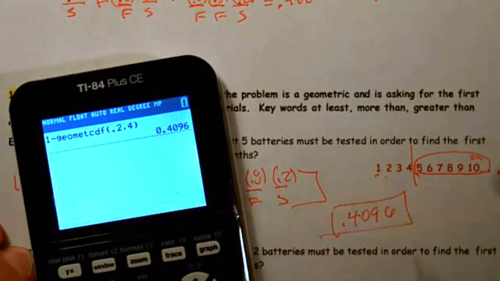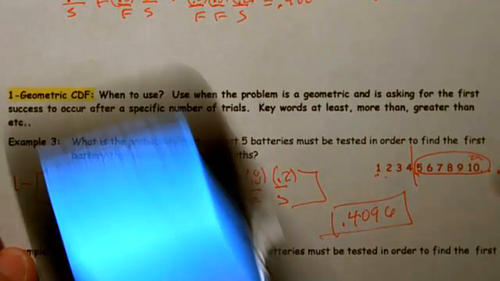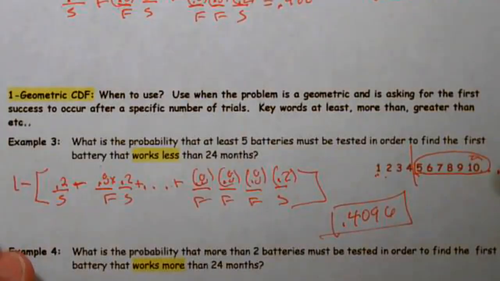So there's about a 41% chance that I'd have to test at least 5 batteries in order to find one that worked less than 24 months. In other words, about a 60% chance that among the first 4 batteries I'd find one, and about a 41% chance that it's above that.